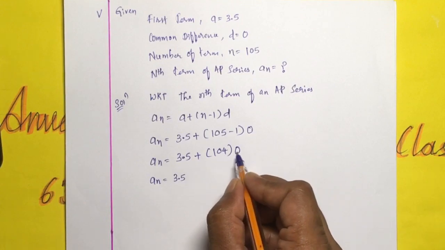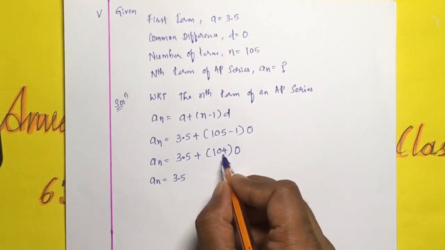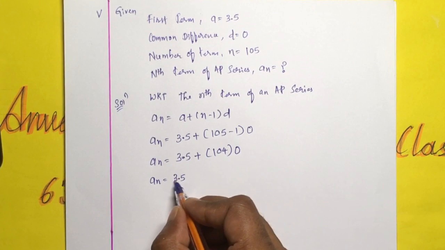So students, 0 into any number will be 0, so the answer will be only 3.5.